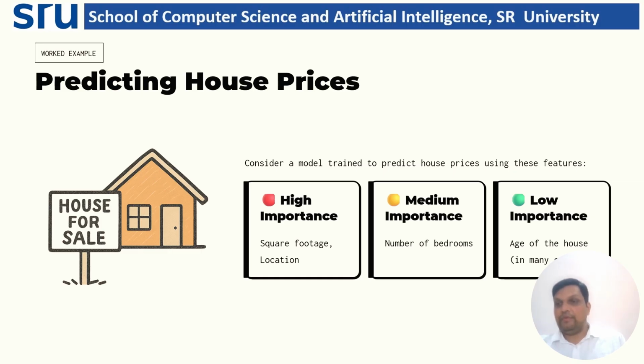In other words, we are predicting house price using features like square footage, location, bedrooms, and age of the house. Typically, square footage and location have high importance, bedrooms moderate importance, and age often low importance. So not all features contribute equally.